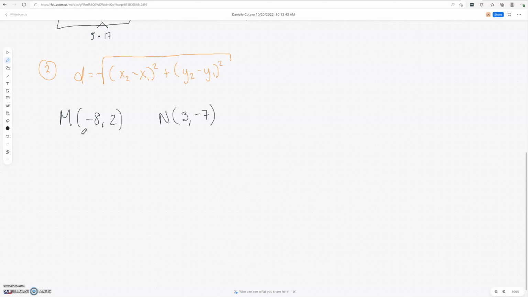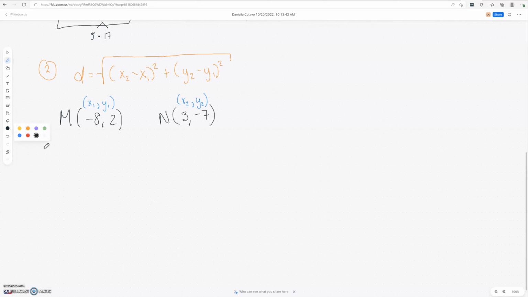Okay. So again, this will be my x1, y1, and my x2, y2. And it doesn't really matter which ones you label as x1, y1 or x2, y2. You just want to make sure you stick with the same order when you're doing it.